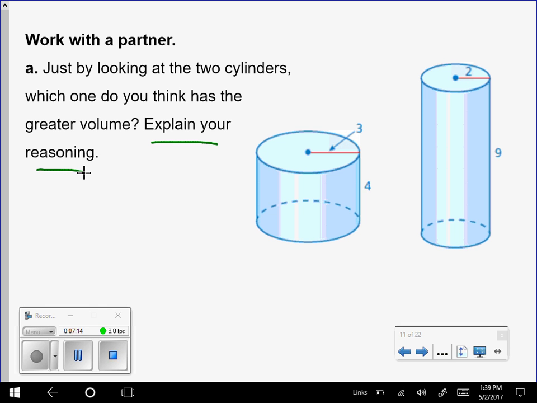Once you've done that, I want you to think about this. I know we haven't talked about the volume formula yet. I want you to think about what the volume formula might be and how we might figure that out. Whatever your reasoning was, maybe we can come back to this if we have some time.